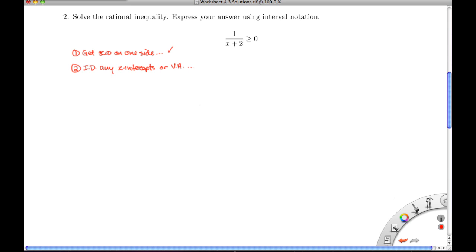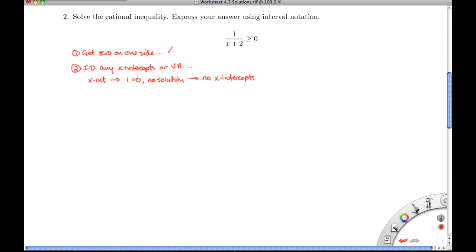Now remember, x-intercepts are zeros of the numerator, and vertical asymptotes are zeros of the simplified denominator. So we're going to go ahead and do that. So for x-intercepts, we're going to take our numerator, simplified, which is 1, set it equal to 0, and we quickly see that there's no solution here. So this just tells us that there are no x-intercepts.